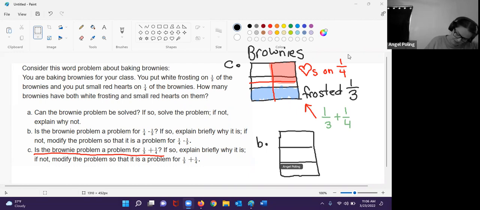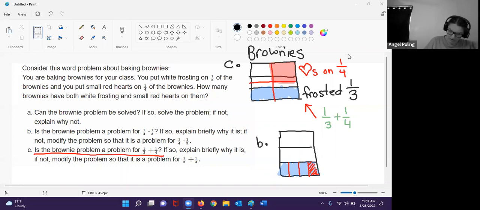So let's get our brownies frosted. And then put hearts on a fourth of the frosted.